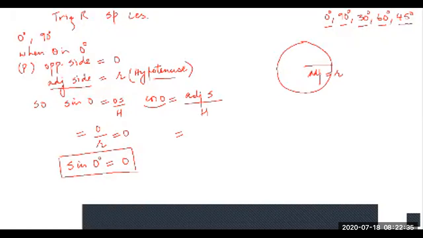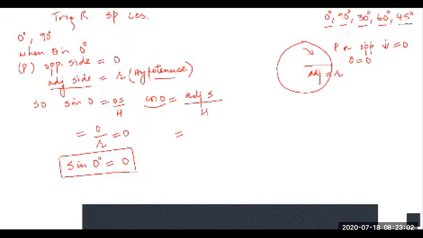You have seen in the GeoGebra software, when the theta was decreasing, the adjacent side was increasing. And when theta is decreasing, perpendicular or opposite side was also decreasing, to the extent when theta became equal to 0, opposite side also became 0, leading to sine 0 is equal to 0.